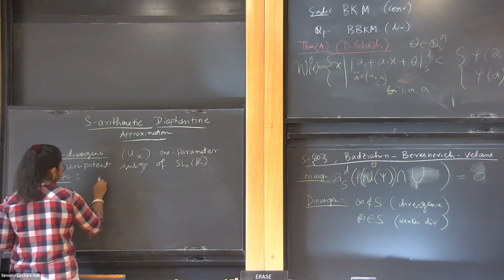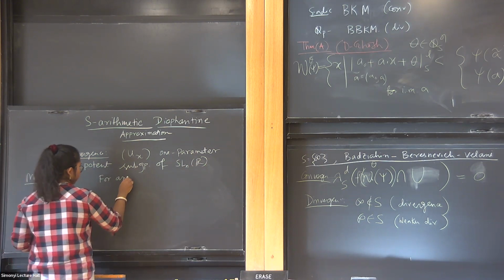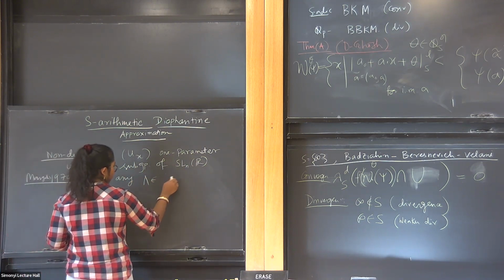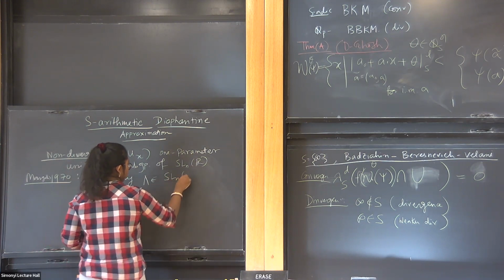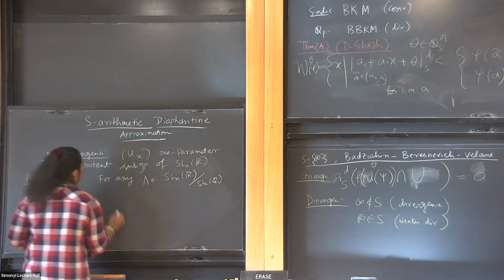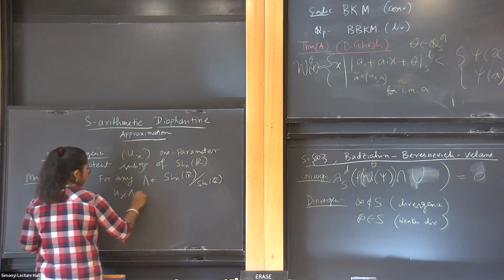So for any lattice Λ in this space, SL_n(R)/SL_n(Z), u_x of Λ should not diverge.